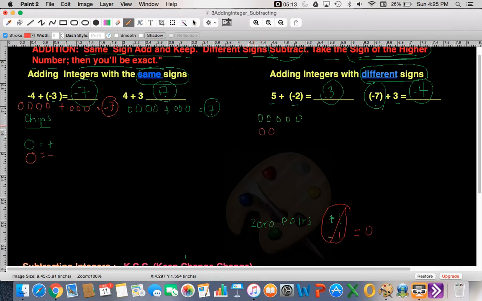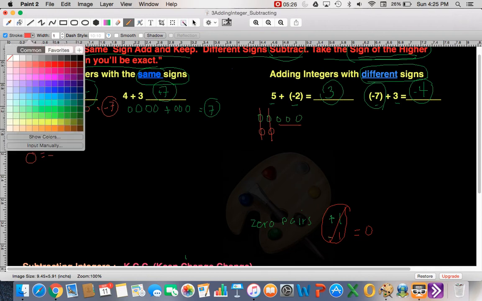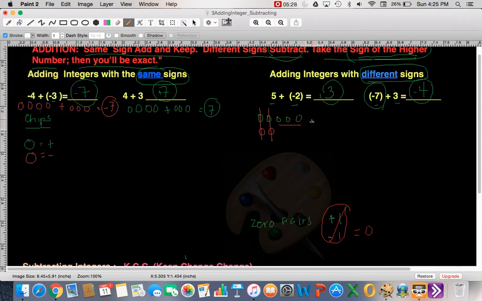So here you've got zero pairs. Cancel this out and cancel this out, so you will have the remaining answer of 3. So your answer would be +3.